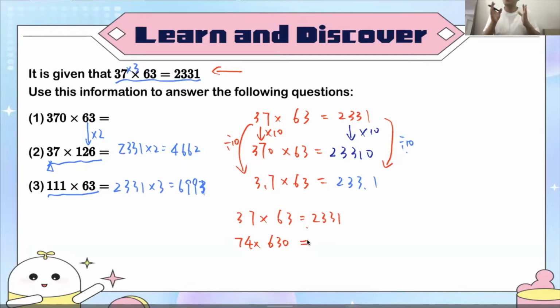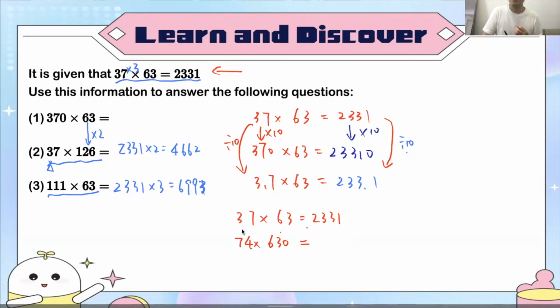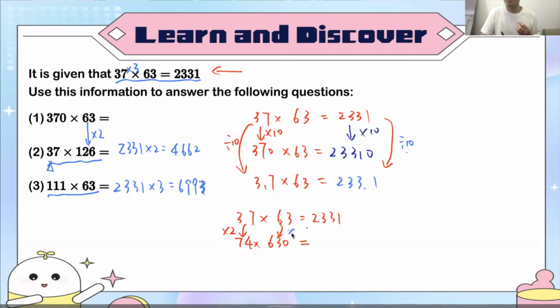Before you find the result, let's see how we change these two multipliers. For the first one, we times 2, and for the second one, we times 10, right?